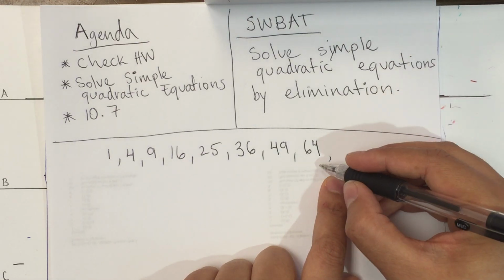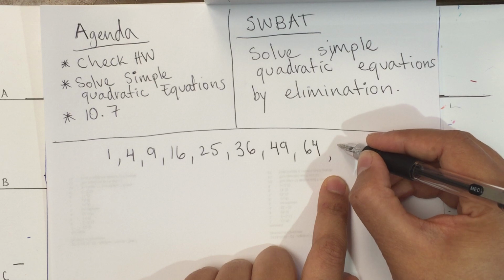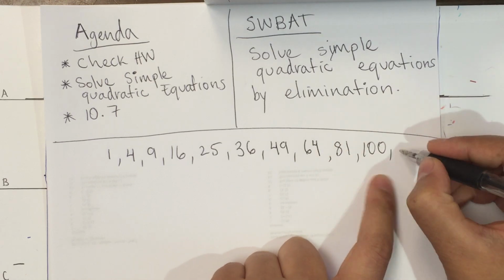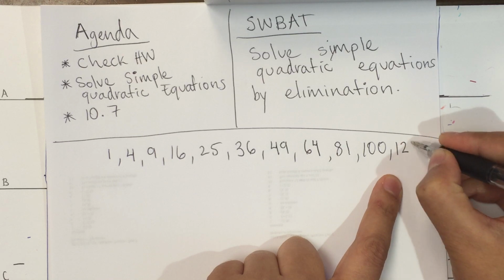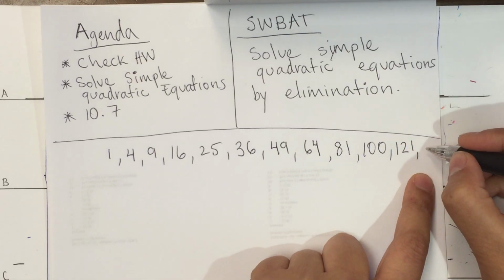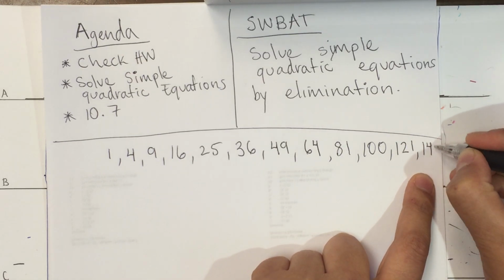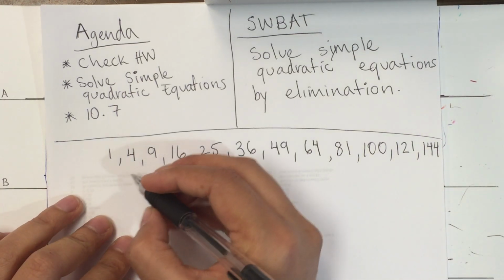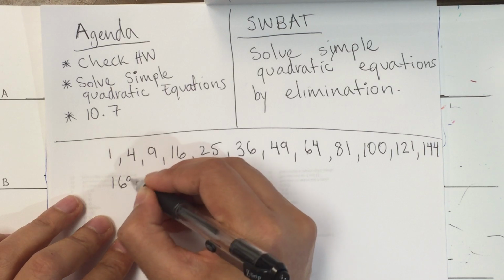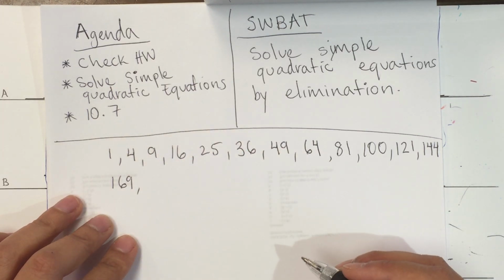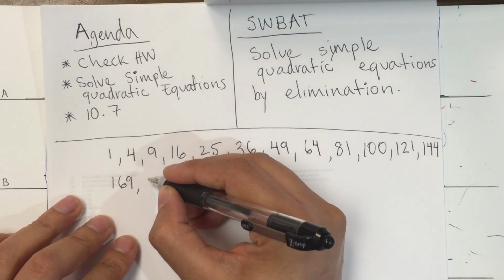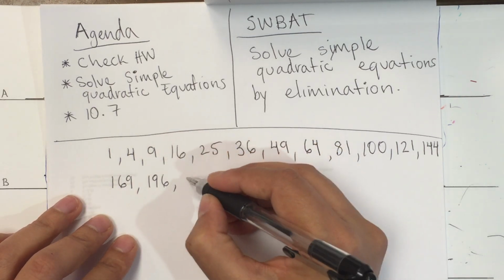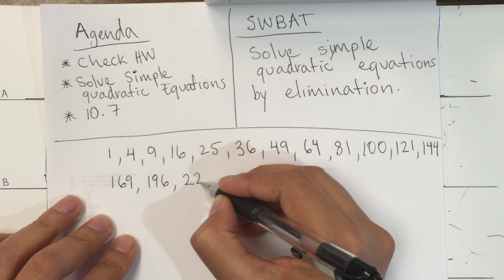The next one is 9 times 9 is 81. 100. 11 times 11 is 121. 12 times 12 is 144. 13 times 13 is 169. 14 times 14 is 196, and 15 times 15 is 225.